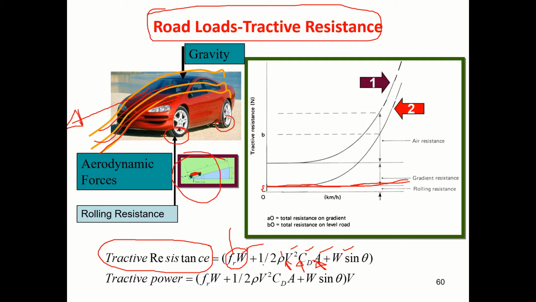Now you see the aerodynamic resistance. In this, A is constant, the coefficient of drag is constant, and even assuming air density is constant, the aerodynamic resistance is proportional to the square of velocity. So it's parabolic. This is how the aerodynamic resistance will be.